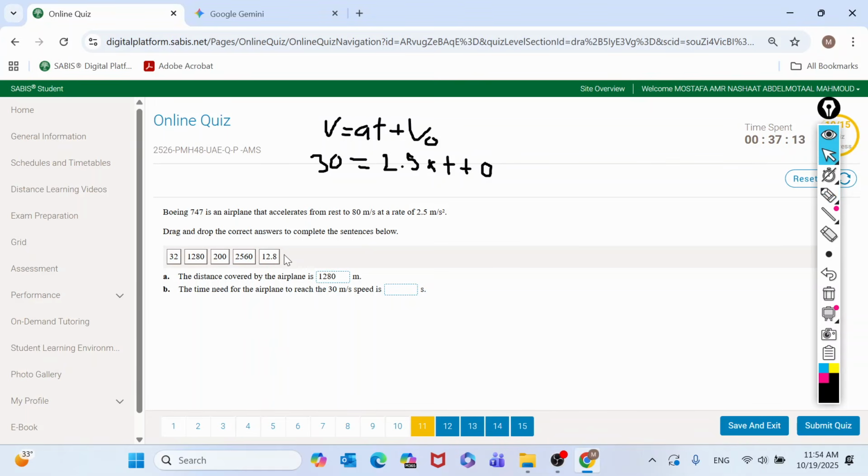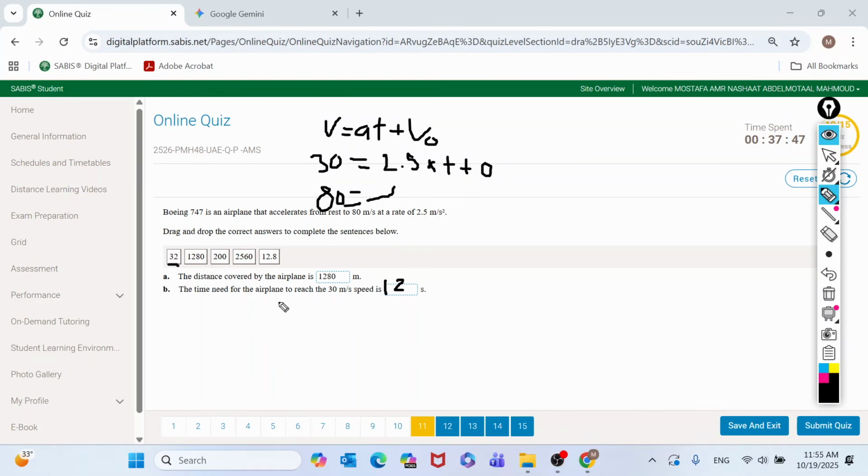But here there's no answer for 12, and I think the quiz is wrong, because the correct answer should be 12. But in the quiz, the answer is 32. The way you would get 32 is if you put 80 as the v final. If you put 80 here instead of 30, 80 equals this, you would get 32.